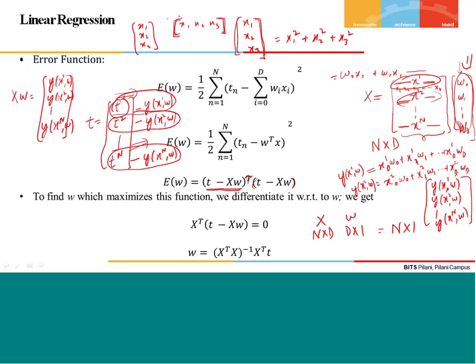So from this I will get, for example, the first value as (t1 minus x1 w) whole square plus (t2 minus x2 w) whole square. Likewise, I will get up to (tn minus xn w) whole square, right? So this is nothing but another way to represent the same thing.